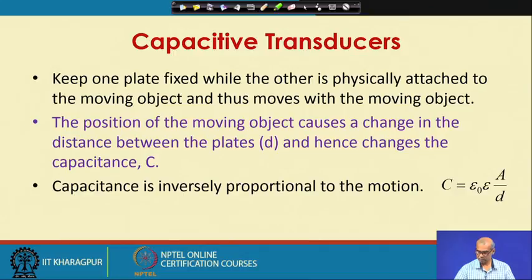Note that capacitance is inversely proportional to the distance between the two plates, and the distance between these two plates is determined by the displacement or the motion of the moving object. So, that is why we write capacitance is inversely proportional to the motion.